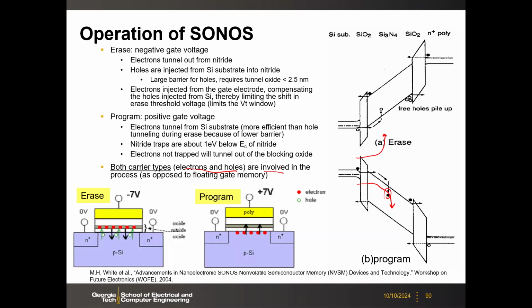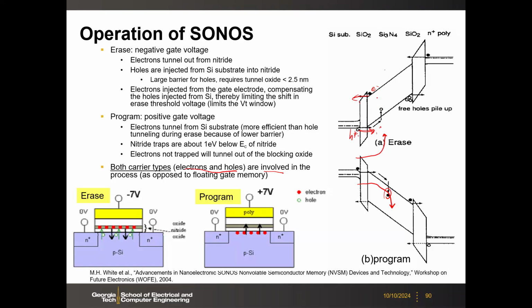But in the SONOS, holes can also move. So in the erase state, you see the holes can also do the FN tunneling and tunnel in. Electrons, of course, can tunnel out. But this is more efficient than just the electrons moving out. If holes move in, they will recombine with the electrons. So if you get one hole in, it's equivalent to getting one electron out.